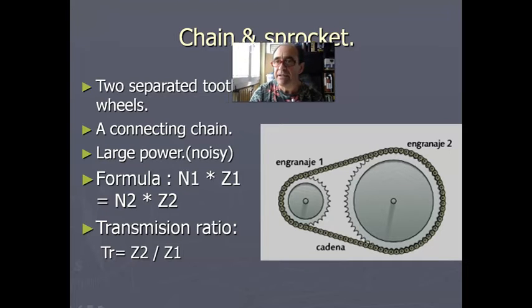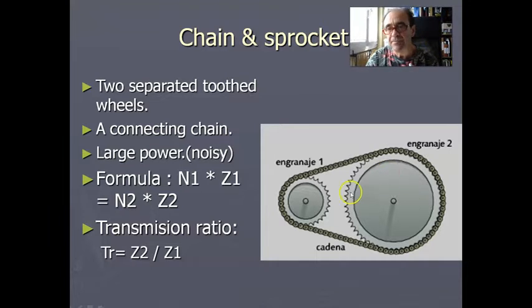Chain and sprocket is a system like this one. We use it when we need to transfer a lot of power, and we have a toothed wheel, and we use a connecting chain. It's the system of the bicycle, of the motor bicycle. In those cases, we need to transfer a lot of power.